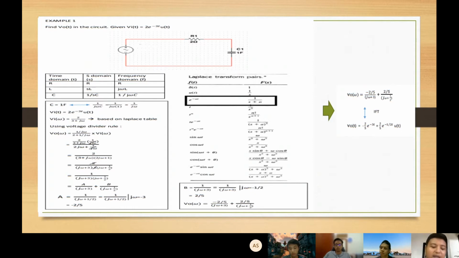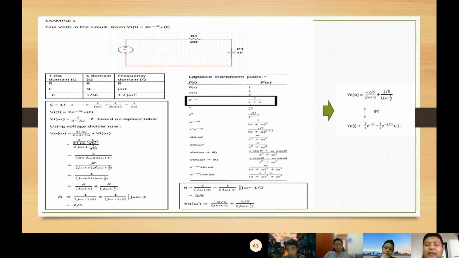The first, we must convert the t domain to the omega domain. The second, we must find V out omega. The third, as we can see from the slide, we must inverse the Fourier transform of V out omega, and lastly we apply the partial fraction.